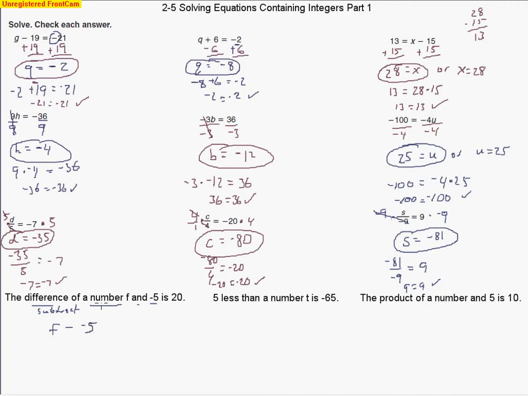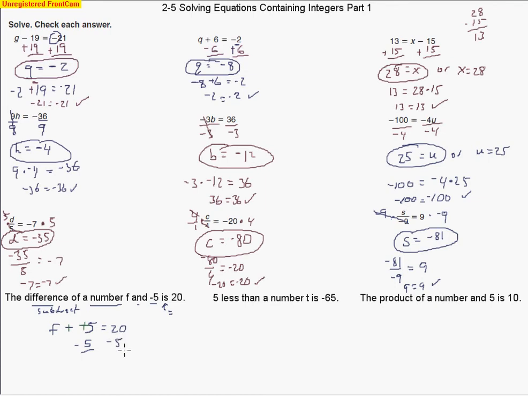So when you see the word difference, you're just going to go right in the order that they have. Is, this word here, tells us that we're going to put an equal sign in place of it, and it is 20. So now we're ready to solve. The way we solve this is we'll add the opposite here. Make sure you add the opposite, because now it says that we have to subtract 5, because minus negative means plus positive.